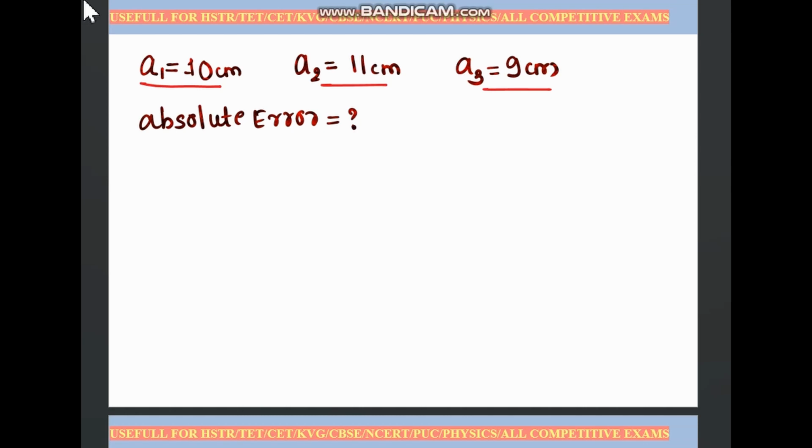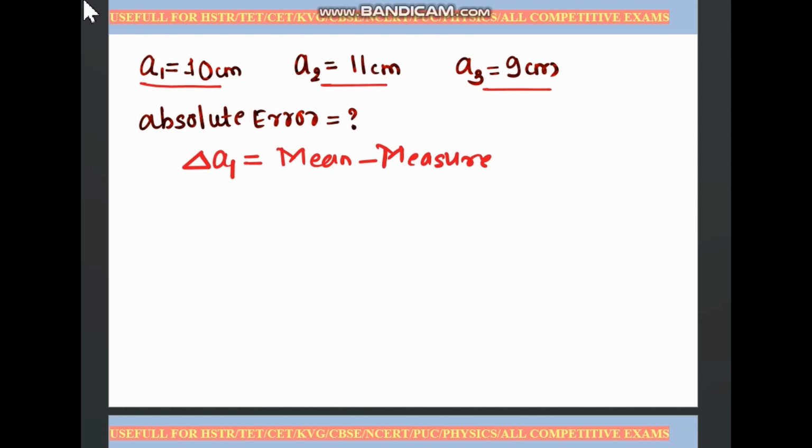If I took 9.1, 9.2, 9.3, it would be very difficult to calculate the mean at the time of understanding. You can try with another example. We will first calculate the absolute error, delta A1, but for that purpose we require the mean value minus the measured value.